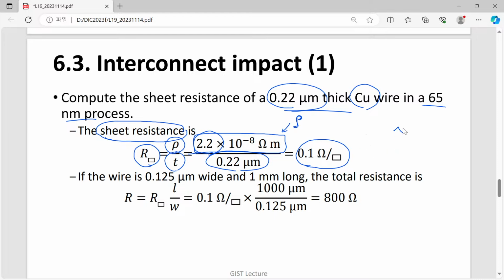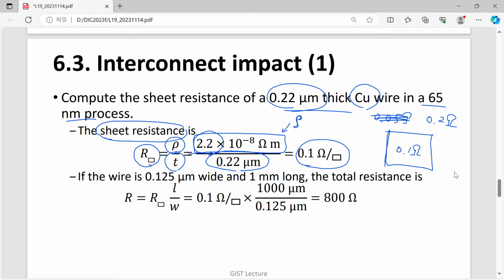Simply speaking, if we draw the length and width the same, then that will give us 0.1 ohm. If we make it twice longer, then we will have 0.2 ohm.